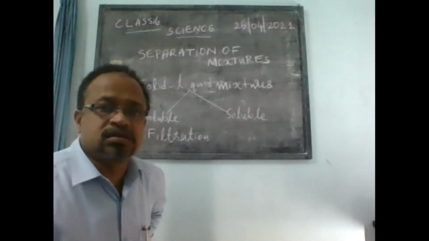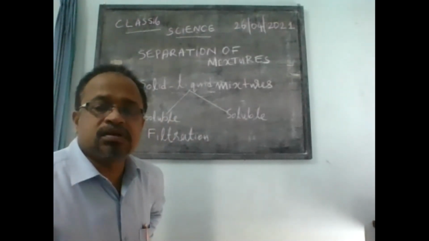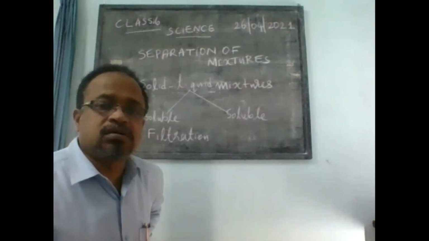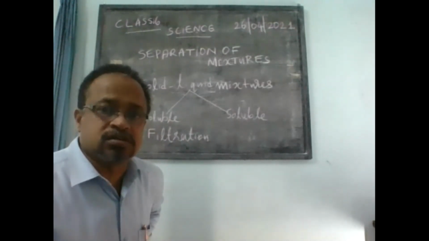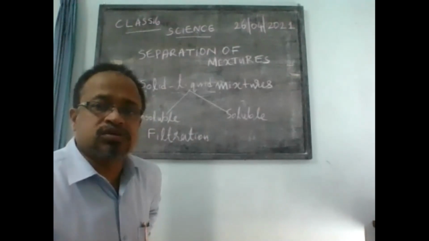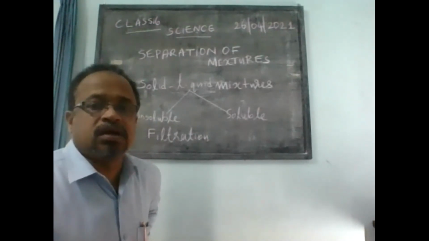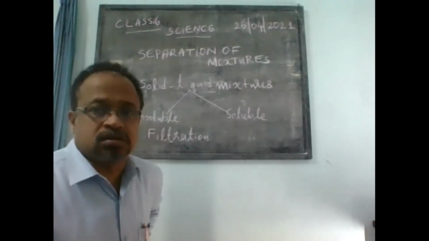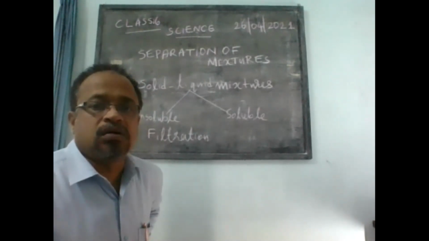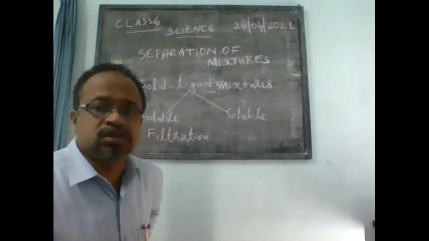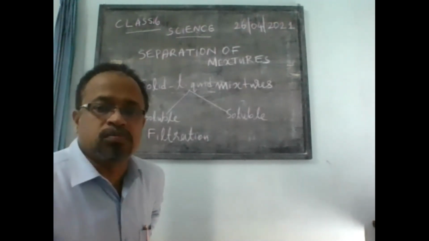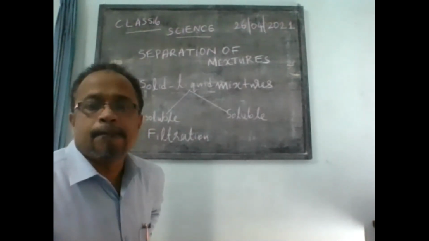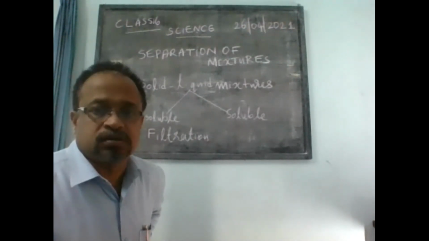Class 6th Science. In the previous class, we were discussing the separation of mixtures. We have seen how to separate an insoluble solid from a mixture, such as heavy insoluble solids like mud mixed with water.